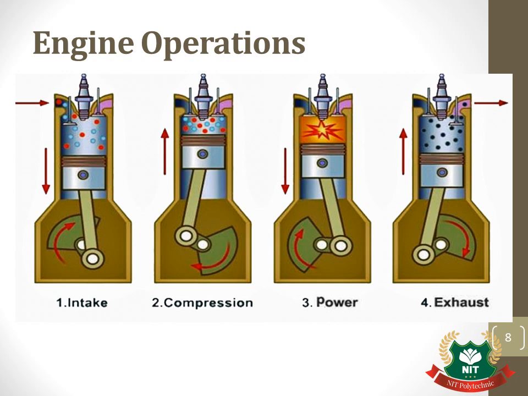And at the end of the power stroke, the exhaust, the residual of petrol or fuel, is released to the atmosphere and is known as the exhaust stroke. So these four strokes are performed in an engine, and this cycle is known as engine operations. So this is one cycle, and in one cycle we get power one time.